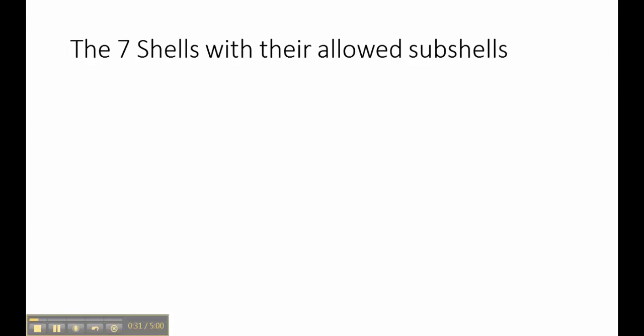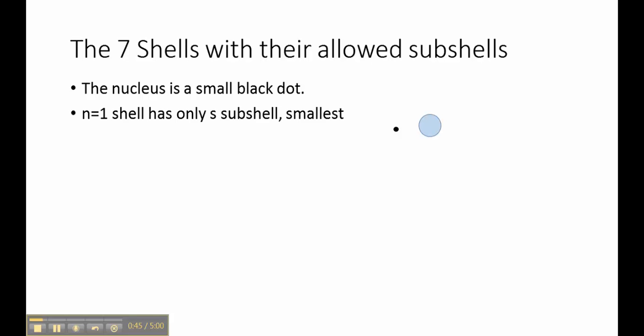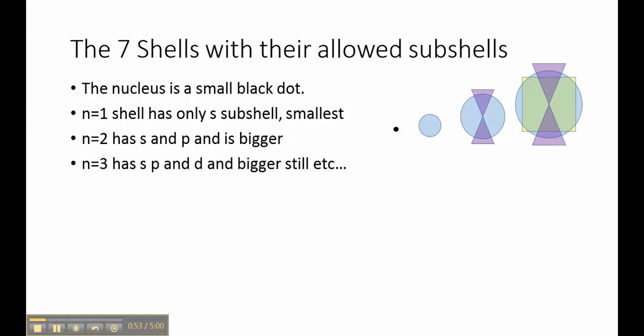We will begin building our atoms first by looking at what subshells will be available at each of the primary shell levels. We start with the nucleus and then the n equals 1 shell, which only has an s orbital. The n equals 2 shell has both s and p, and the n equals 3 shell has s, p, and d.